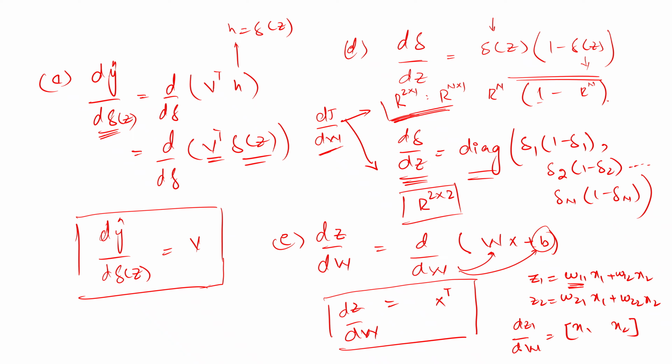This is actually the transpose of x, because x is x1 and x2 as a column, so to write it in this form it will be a transpose. Now we have all the values, so we will simply put them together to obtain the final equation. How can we do that? Let's go to the next slide.